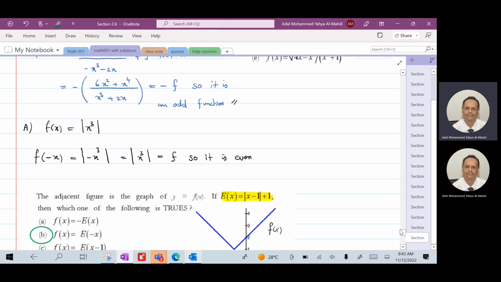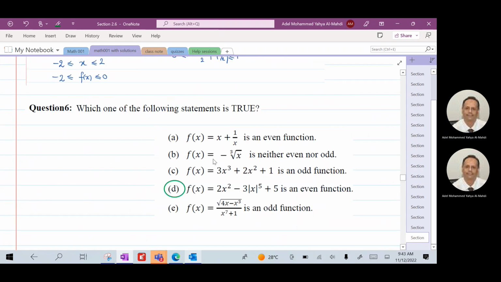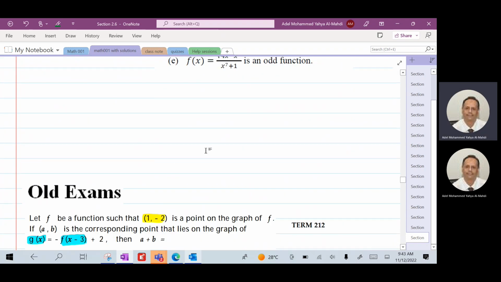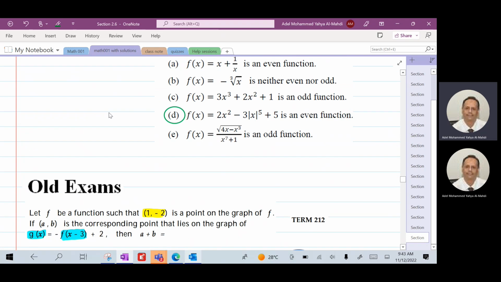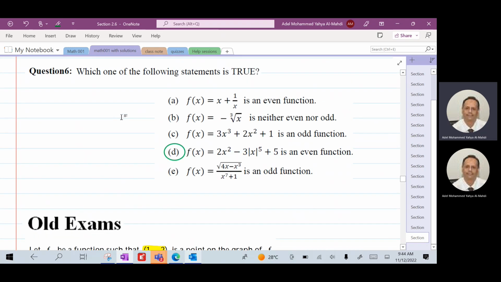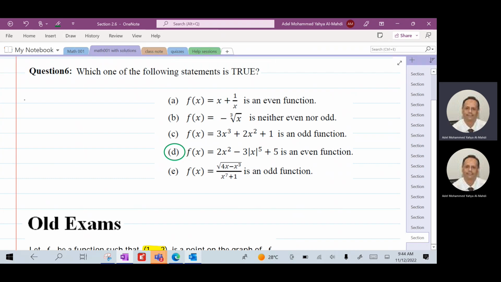Now, I think we still have one question in the recitation. This one is about even and odd. Okay. I will solve only D to show you why D is true, and the rest will be an exercise for you to see why they are not true. So he asked which one is true.